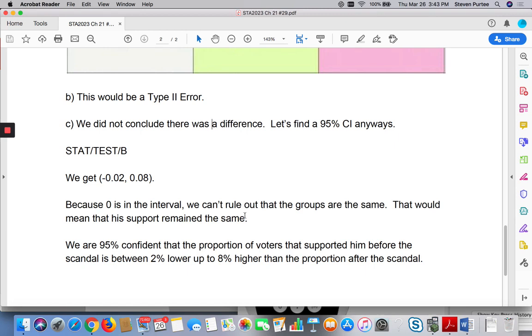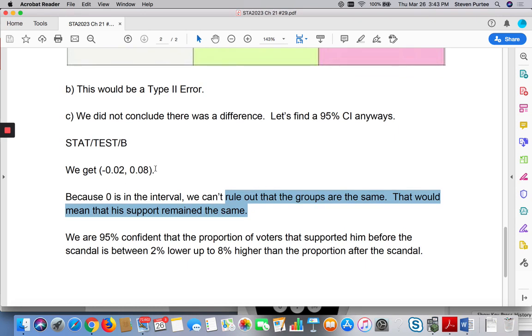Remember, we're measuring the difference between the groups. So his support could have remained the same. That's why we failed to reject the null. And then the interpretation of this interval is we're 95% confident that the proportion that supported him before is between 2% lower because of that negative and 8% higher than the proportion after the scandal.